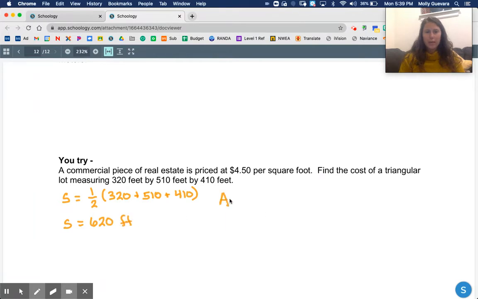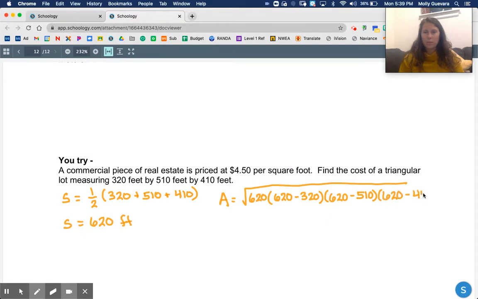Once we know what s is, then we can go ahead and complete the problem, right? Where it's s, 620, times 620 minus 320, times 620 minus 510, times 620 minus 410.